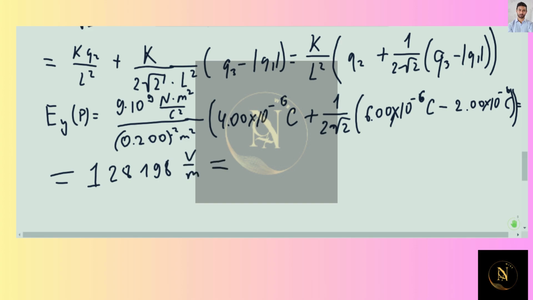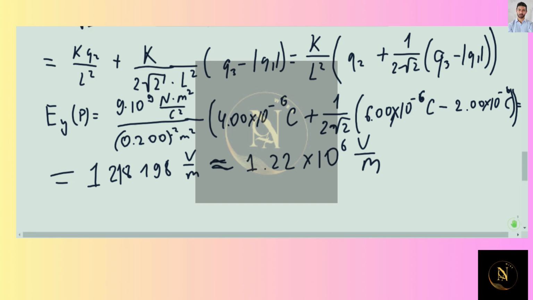Which roughly equals 1.28 multiplied by 10 to the power of... oops, sorry, I missed one number. So then it will become 1.22 multiplied by 10 to the power of 6 volts per meter.